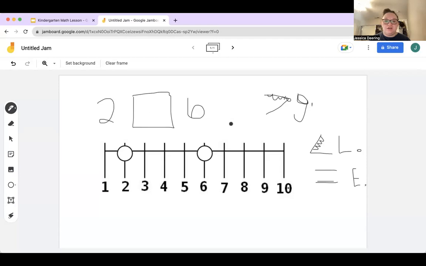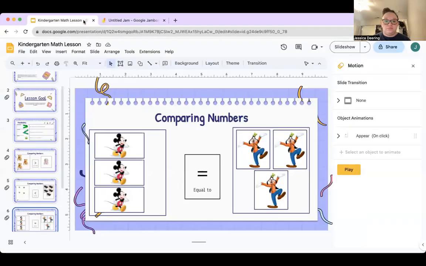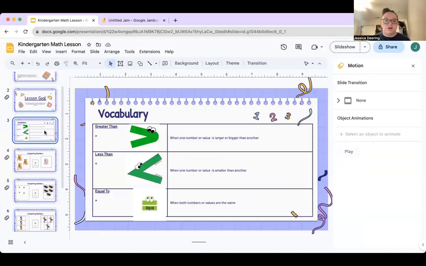Is he going this way for greater than? Is he going this way for less than? Or is he going this way for equal to? Right, if we want to refresh our symbols, here we have our alligators: greater than, less than, and equal to.